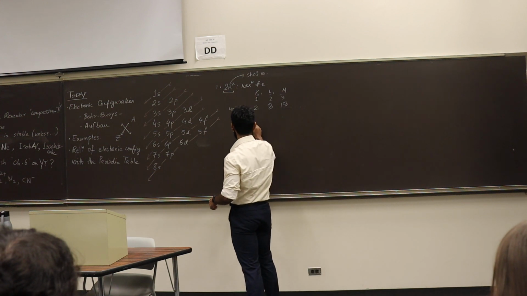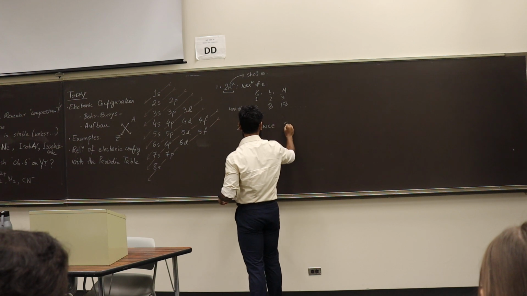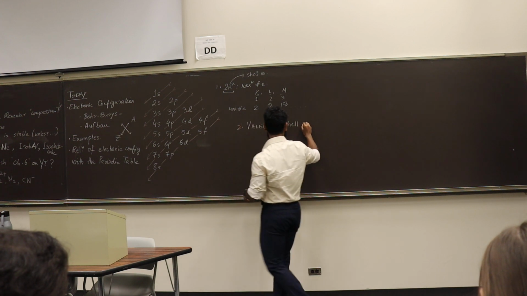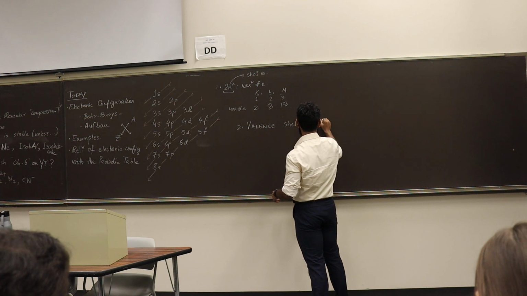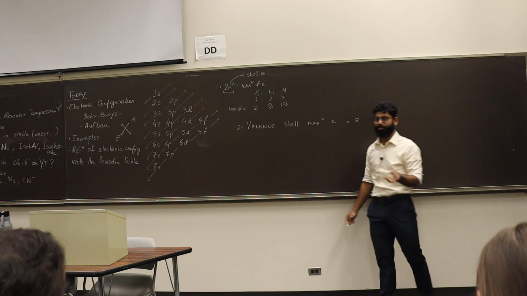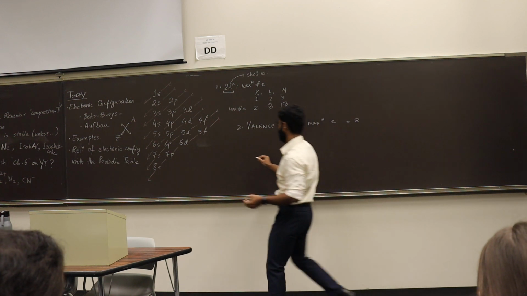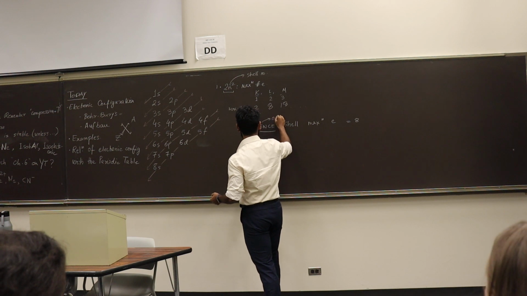So the valence shell can have a max number of electrons as 8. This is the second. The valence means outermost.